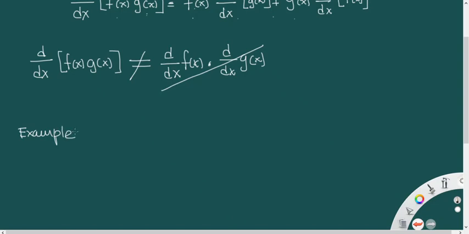Let's work with an example, and our example is going to be f of t, where f of t equals the square root of t times 1 minus t.